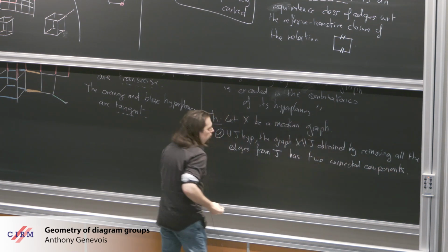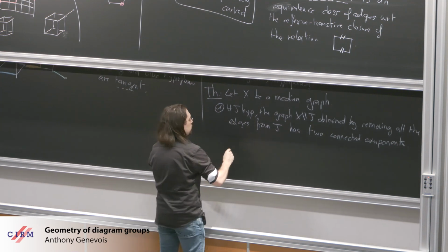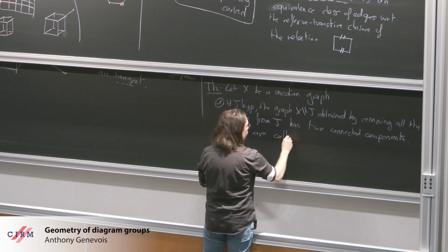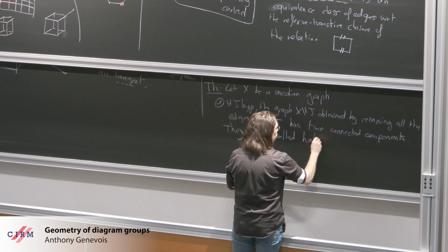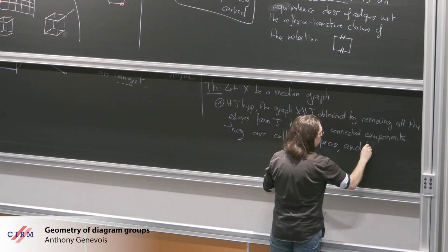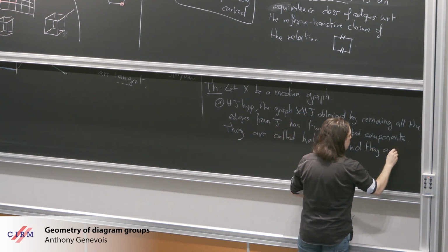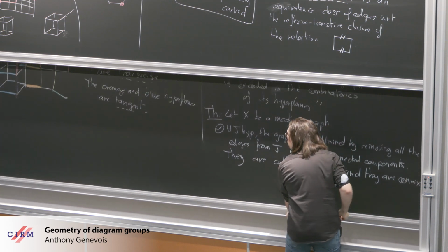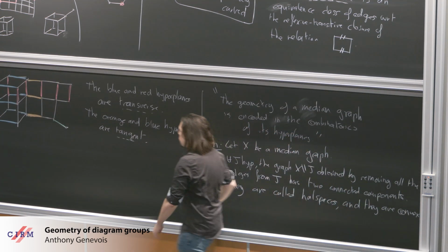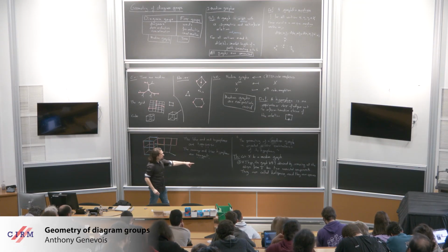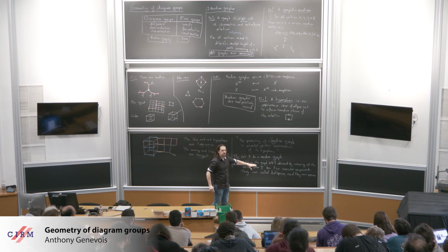So they are naturally called half spaces. And they are convex. So on this example, for instance, by removing the edges, I mean that I remove just the edges.